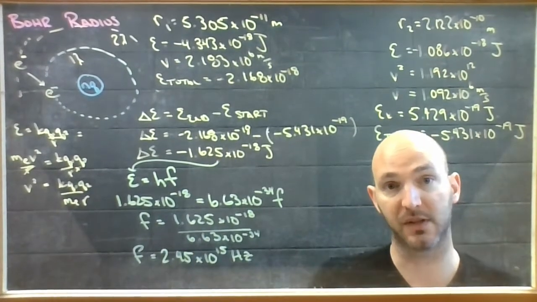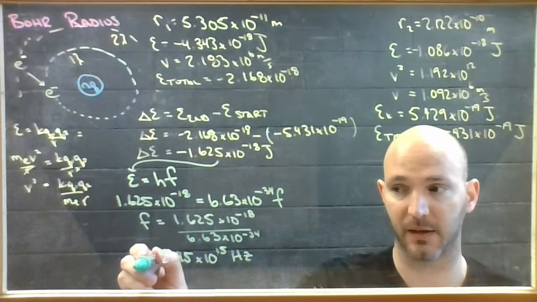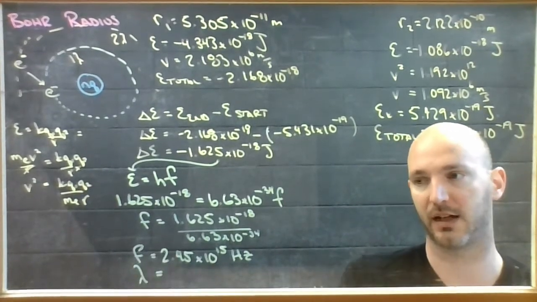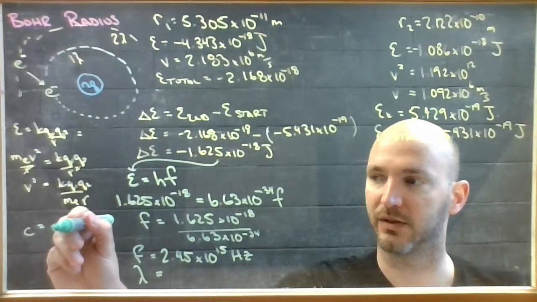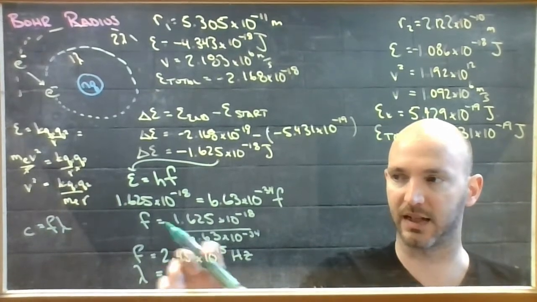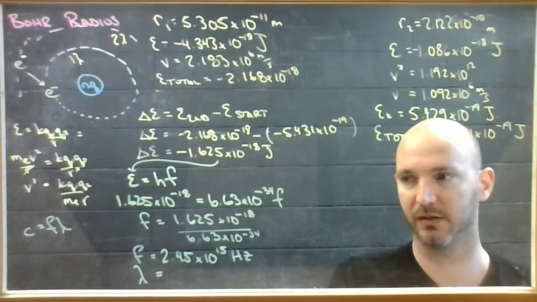And if I have a frequency, I can get the wavelength of that particular photon using the universal wave equation. So I just have to take the speed of light divided by that number.